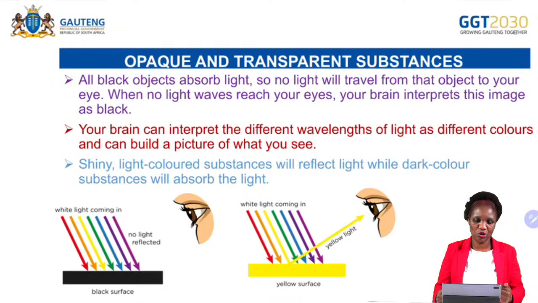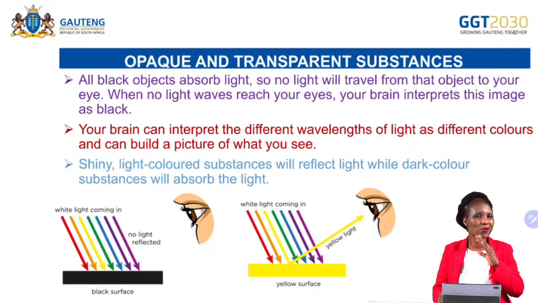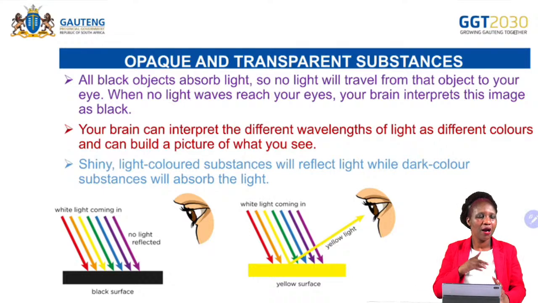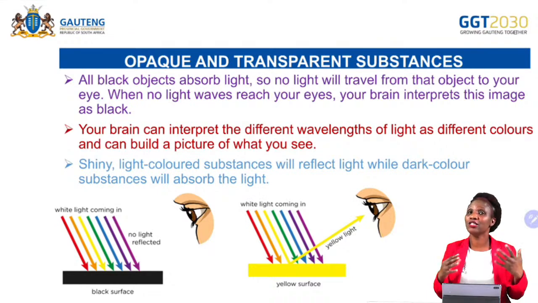And then let's continue with opaque and transparent substances. Remember what we said about opaque substances, grade 8. We said opaque substances don't allow light to pass through, but they block the light. And what about transparent objects? They allow light to pass through. Do you get it? For example, in our classroom, we've got windows.